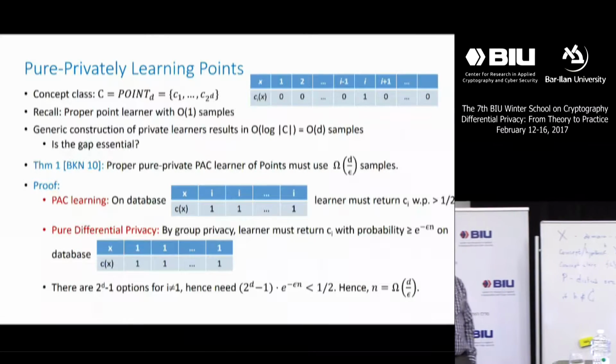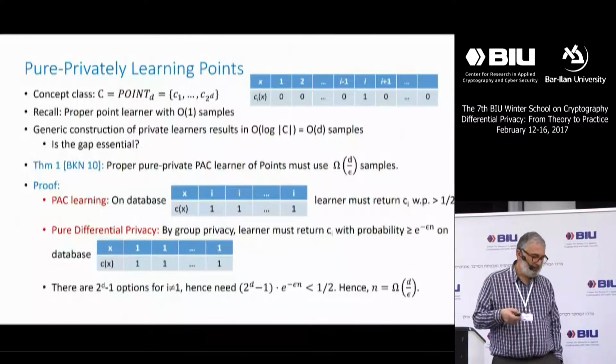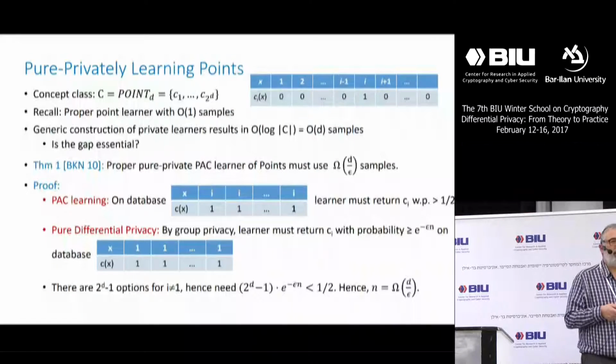So this shows us that it's not a coincidence that the sample complexity for learning points is order of d. We cannot improve that unless we relax our requirements.